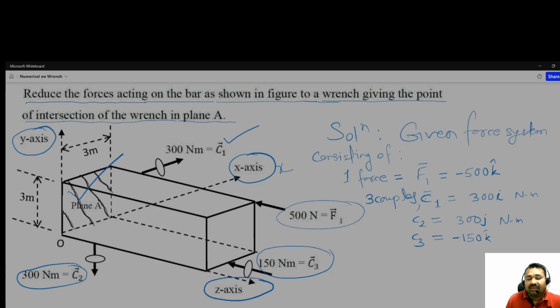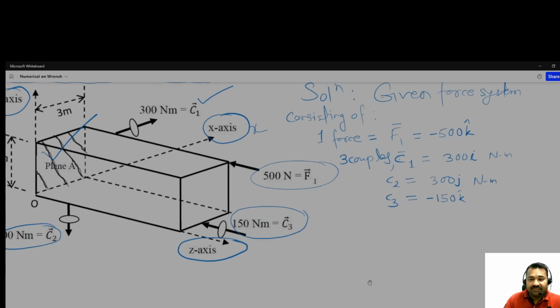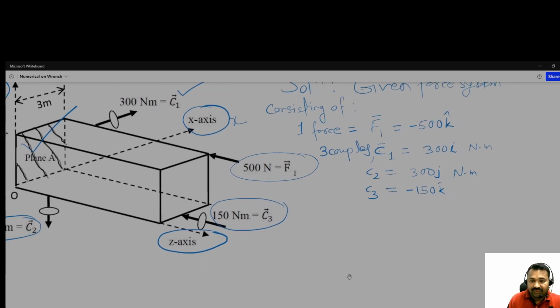Now what is the next step? In the next step, we have to find the equivalent force and couple at O. Here O is the origin of this bar.